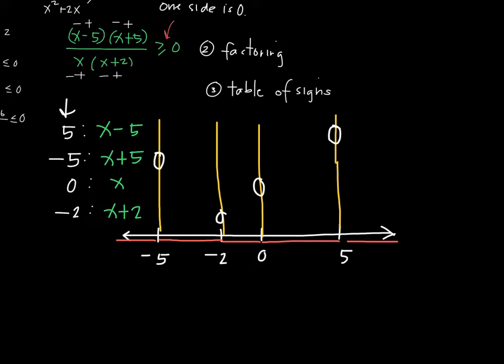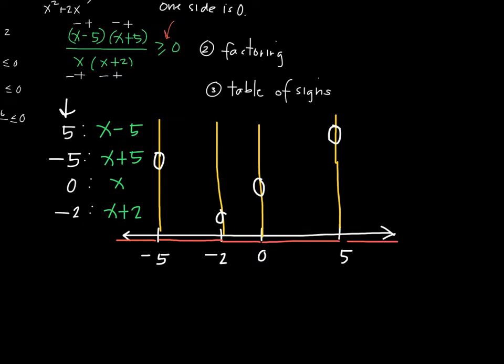Let's focus first on the first factor. This is the long way of doing it. You focus your attention on the x minus 5 in this 0. When we place numbers less than 5 in x minus 5, what do you think will happen? Say if I place 4, 4 minus 5 is a negative number.